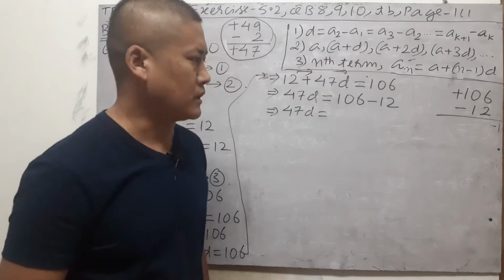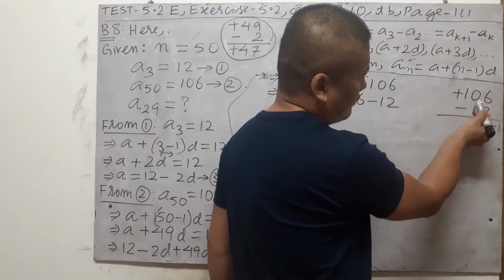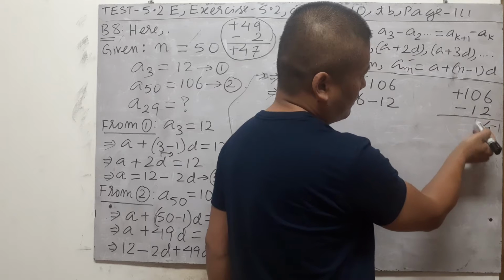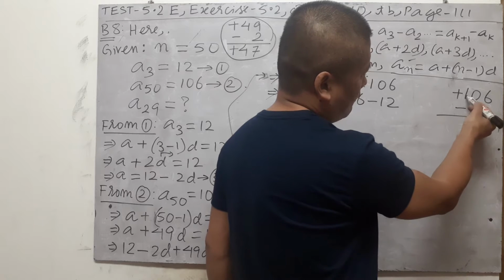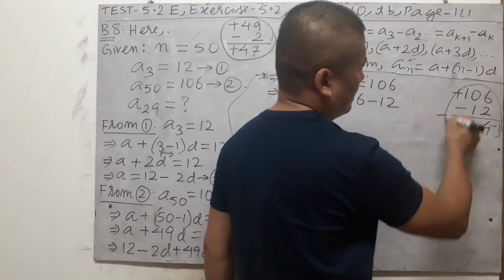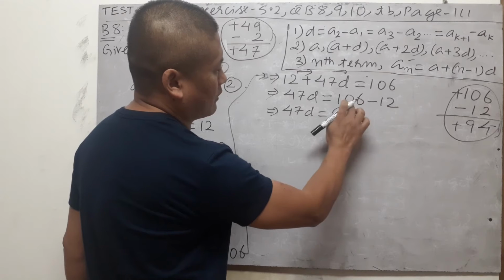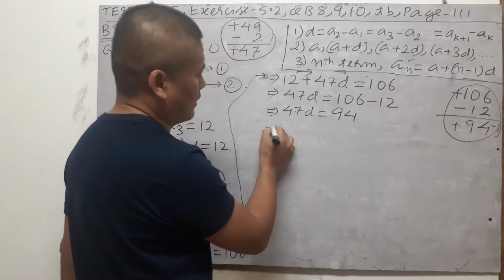So plus and minus means subtraction again. 6 minus 2 is 4. 0 is less than 1, so it borrows this 1 and becomes 10. 10 minus 1 is 9. 1 is already borrowed, so no more left. And the plus sign will be put here. So write those things on your graph paper. It's going to be important. Plus 94 is the result of 106 minus 12.